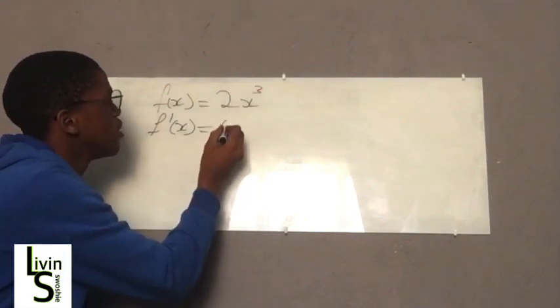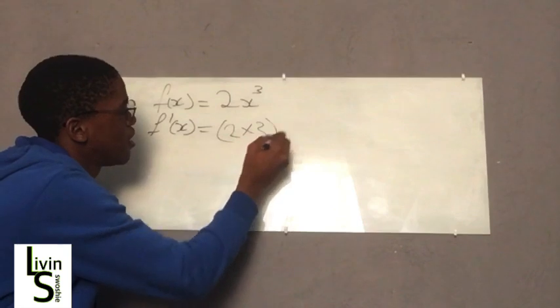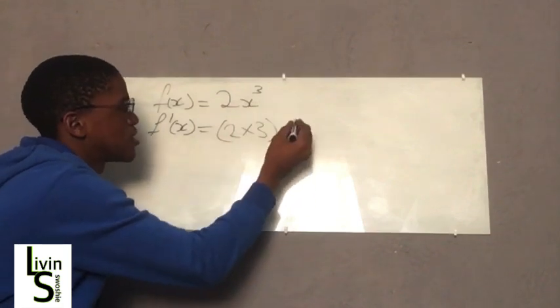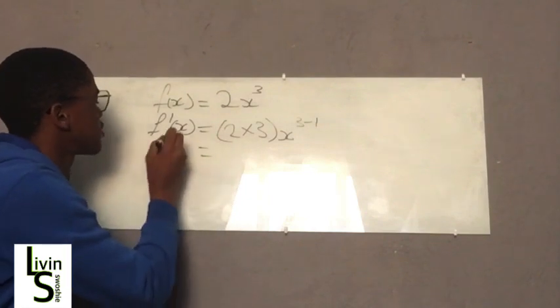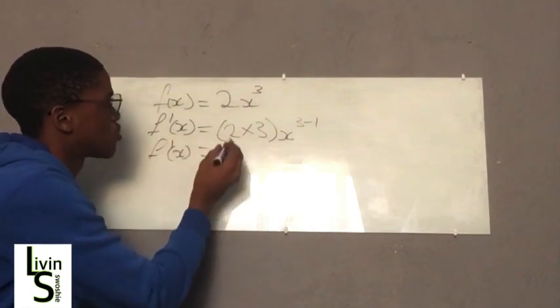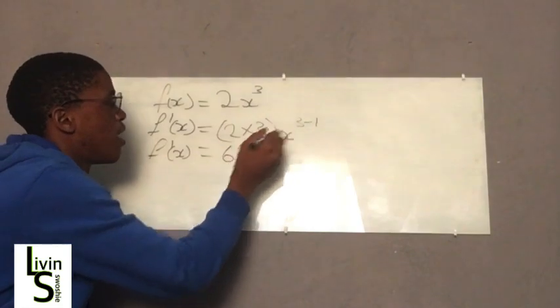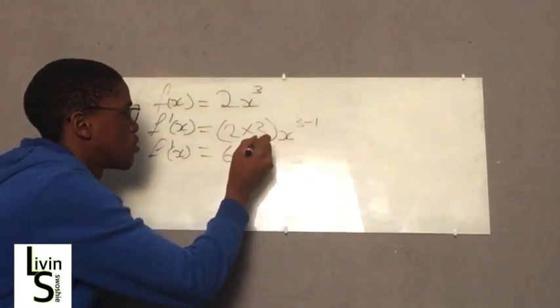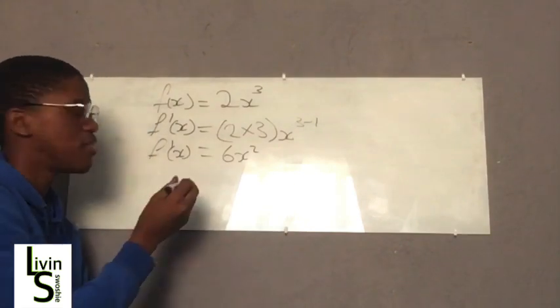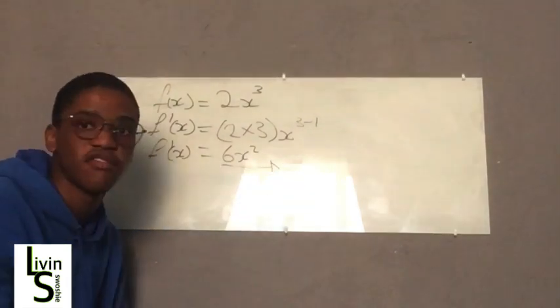So it's going to be 2 times 3x to the exponent 3 minus 1. And then you simplify this, it's going to be f prime of x is equal to 2 times 3, which is 6. This x comes back as it is, and then 3 minus 1 is going to be squared. So this is your derivative.